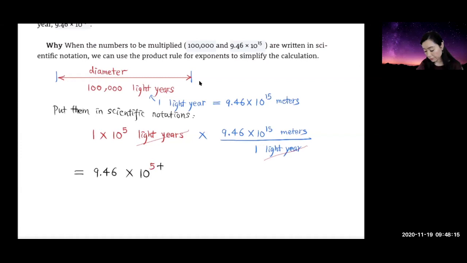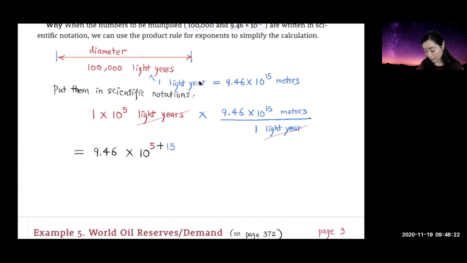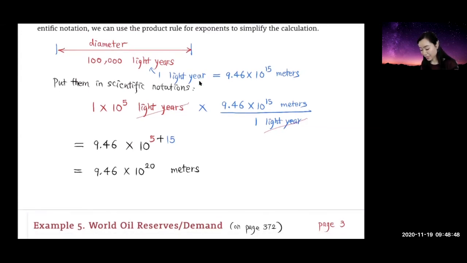It's 20. So that is equal to 9.46 times 10 to the 20, and now it's in meters. So the diameter of the Milky Way, 100,000 light years, will be this number.